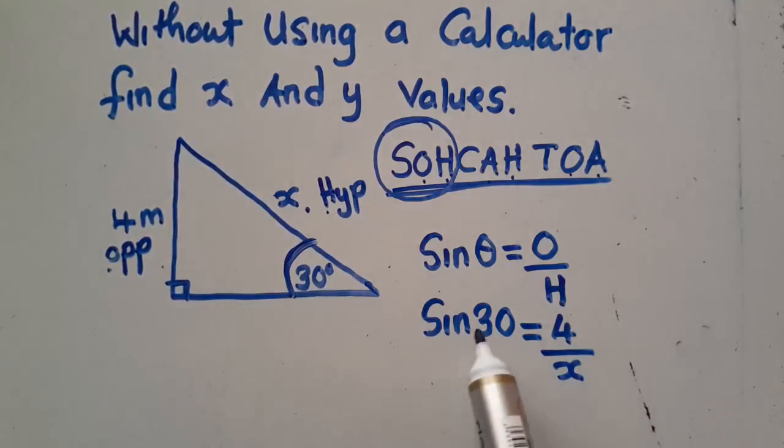So now I find what sine 30 is. These are special angles. Instead of using those triangles that I gave you, I can also use my fingers to find special angles. It's very simple. You can use those triangles, or you can use your fingers.